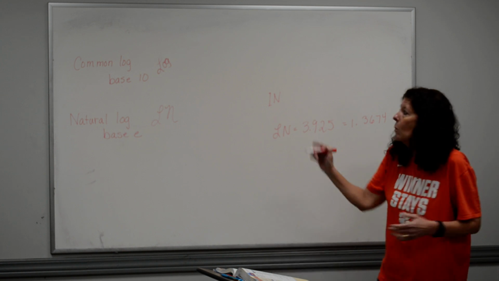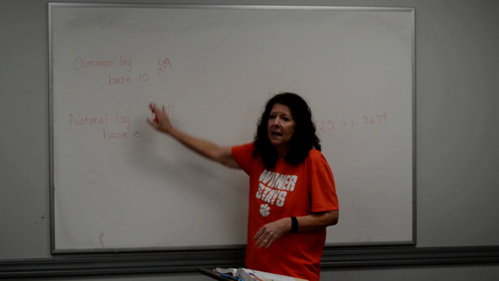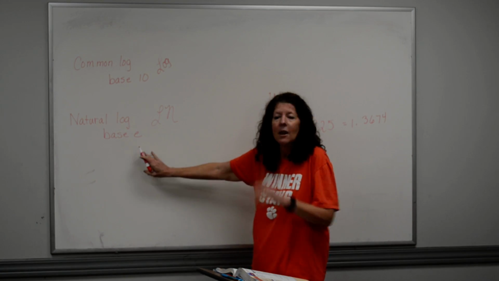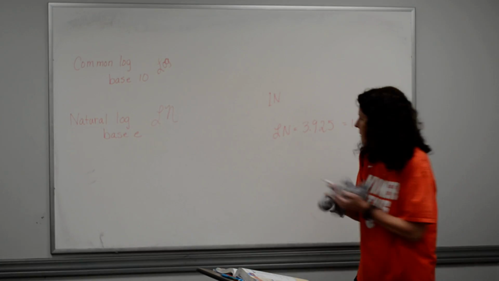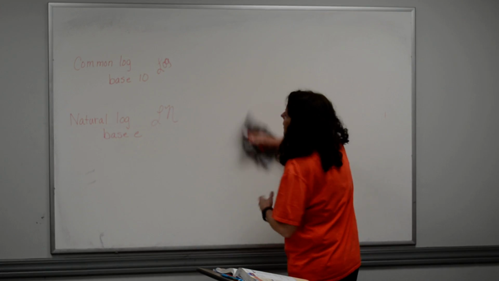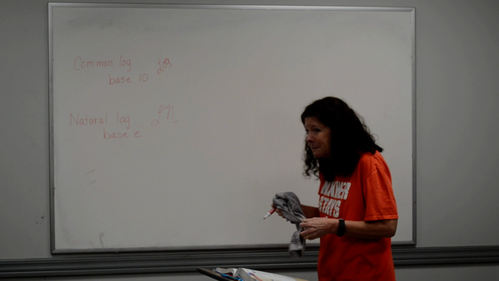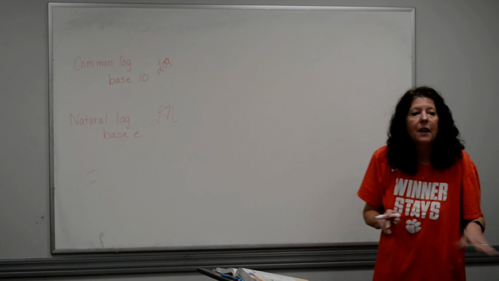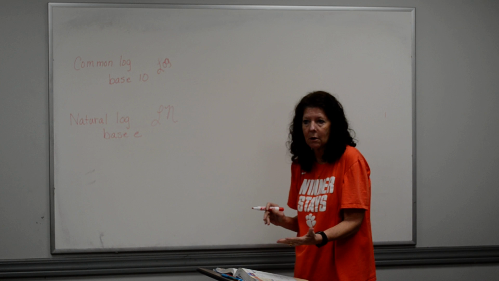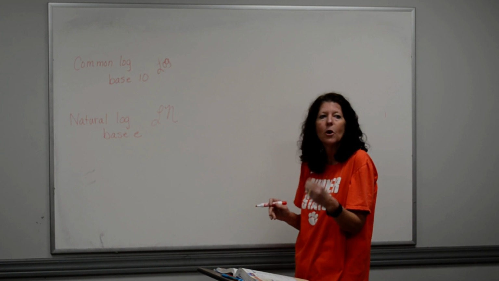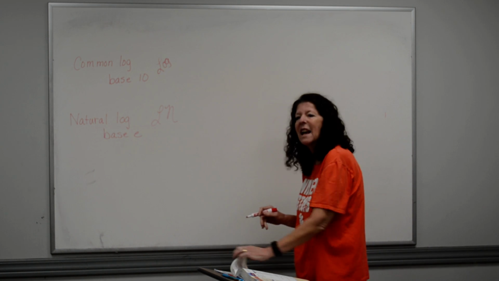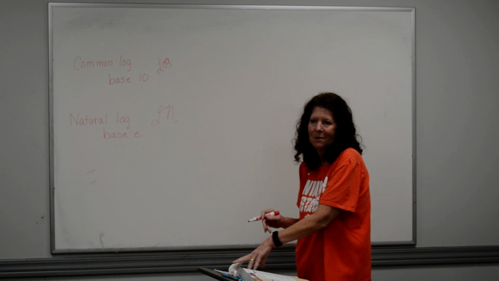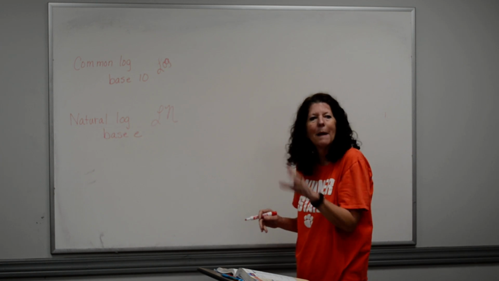Logarithm is the same. What's different is this has a base of 10 and this has a base of e. So you go, okay, what does that even mean? Is there a way to do these longhand? Not that I want to know, but believe it or not, they used to have tables of logarithms in the back of a pre-cal book or an Algebra 2 book, and you would have to go find the answer in the table.